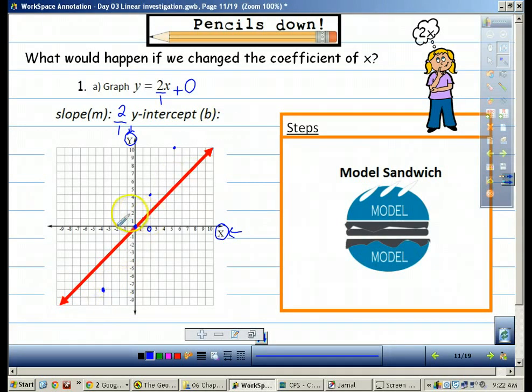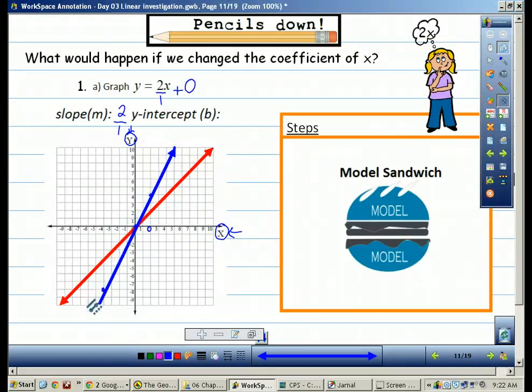Now, if you do anything wrong, that means that there's a mistake. If you do anything wrong, these will not go in a nice straight line. Okay? That's one way of knowing that something is wrong. Okay, so go ahead and plot that.